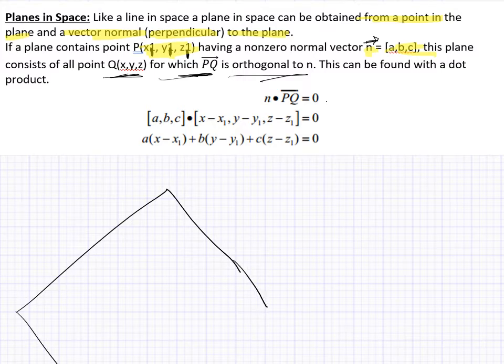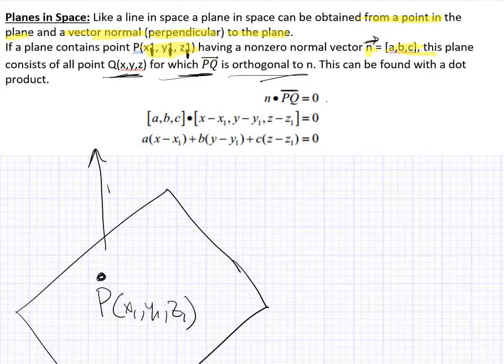There's our plane, whatever that plane is. Here's this point P on the plane, and that point has an x1, a y1, and a z1. We know those points. And we have this normal vector to the plane. Let's call this n. We know that meets the plane at a 90-degree angle, and that it is ABC.